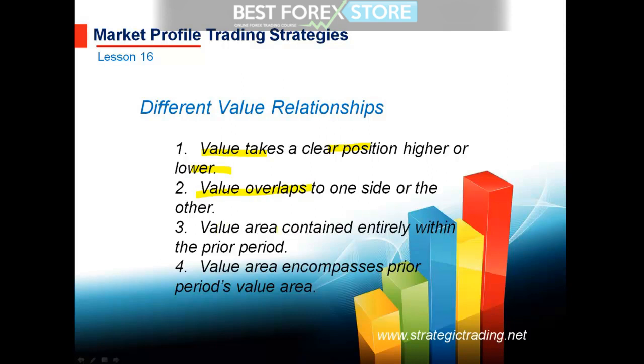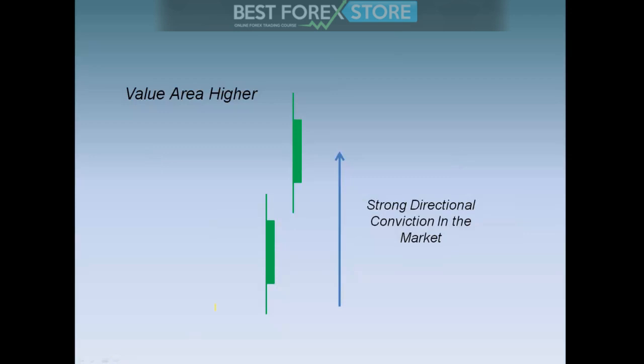And we can have value area contained entirely within the prior period's value area. Or we can have a value area encompass the prior period's value area. And the best thing to do is really to illustrate and demonstrate these examples so you can visually see what we're looking for and what we're looking at. All right.